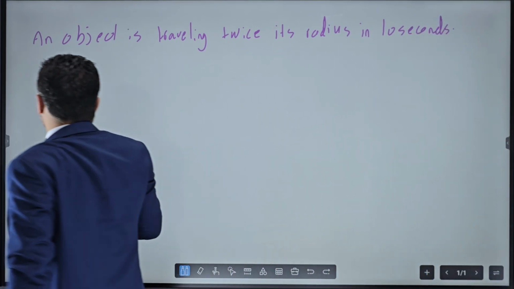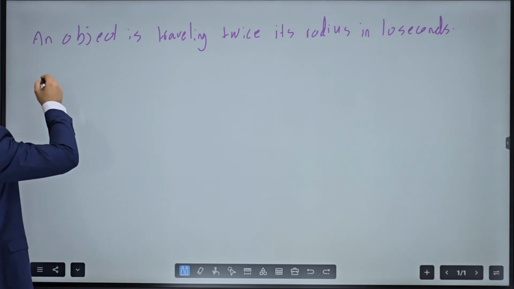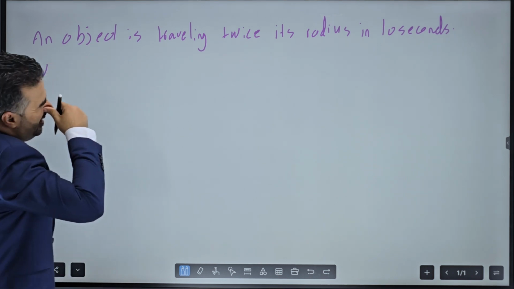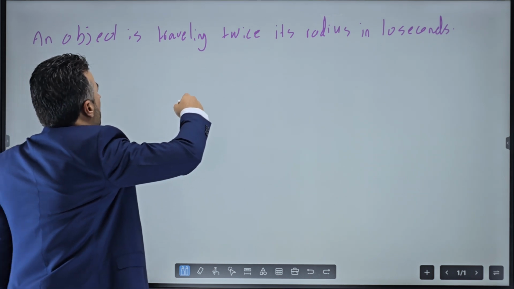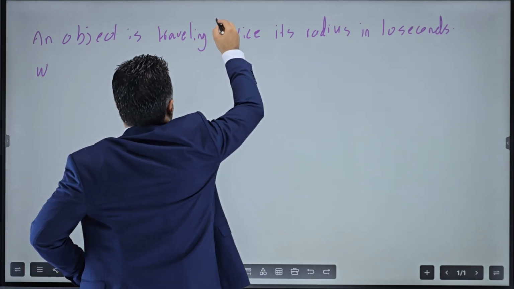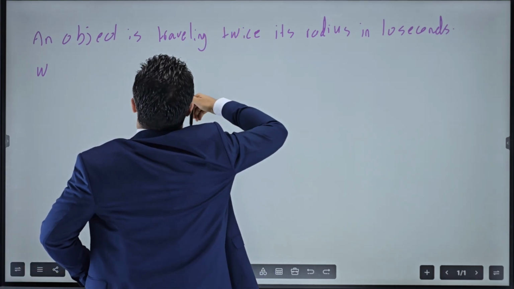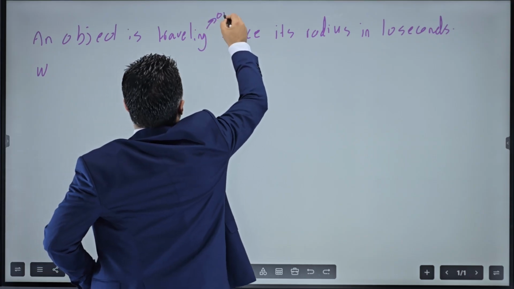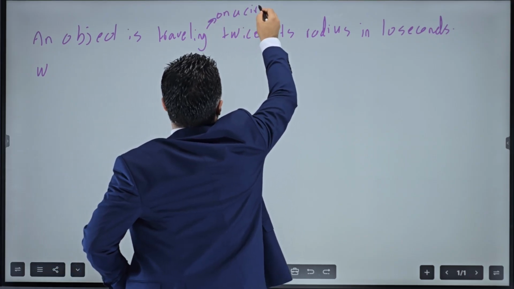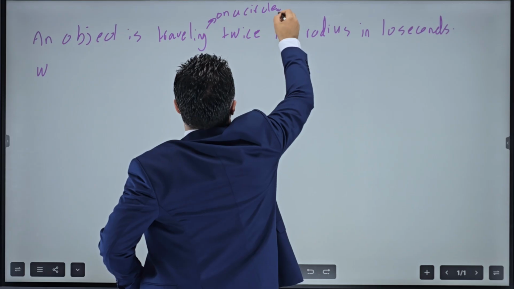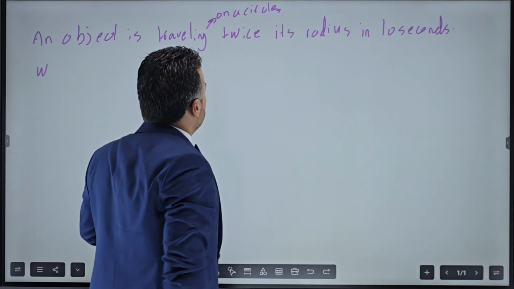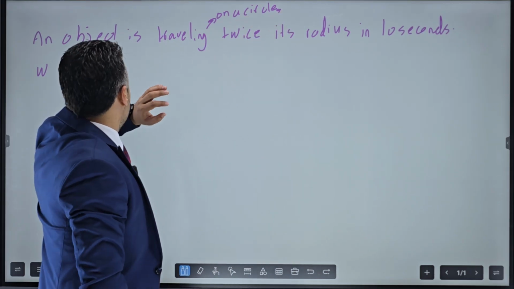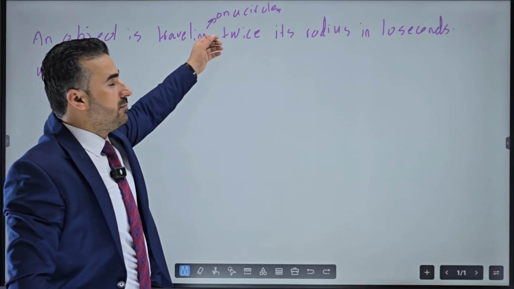What is the angular or average angular speed of the object? I should have said travels on a circle, traveling on a circle.